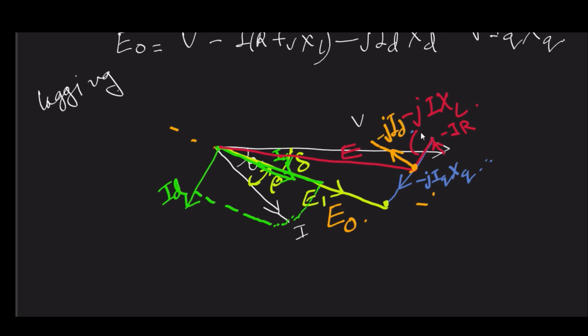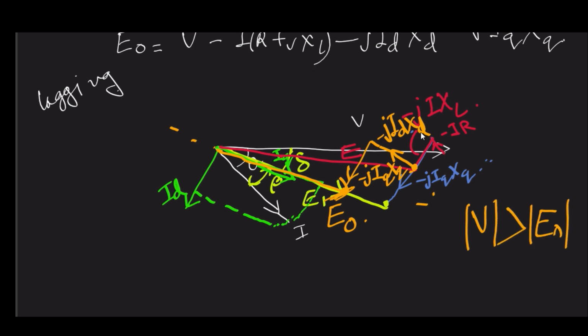Then from that you have to draw minus JIQXQ to get E naught. So clearly, considering the magnitude of E naught, like the previous case, here also the machine is under excited and drawing lagging current in motoring mode.